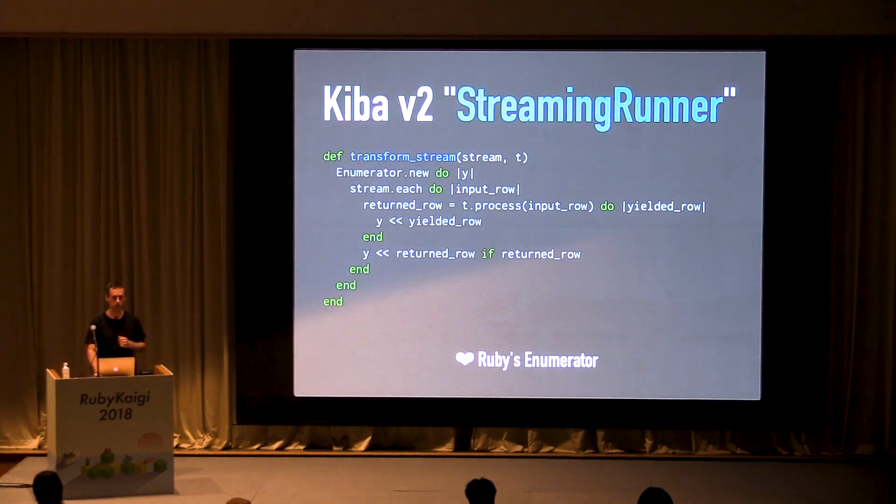So I used the Ruby Enumerator class to make sure that a transform would be able to provide more than one row per input row. So this is a bit technical, but I really use the enumerator, and it's a great complement to Ruby in general, because without that it would be difficult to do.